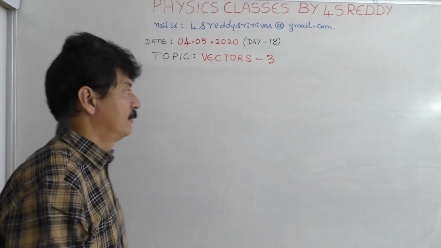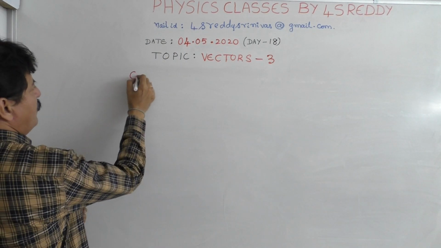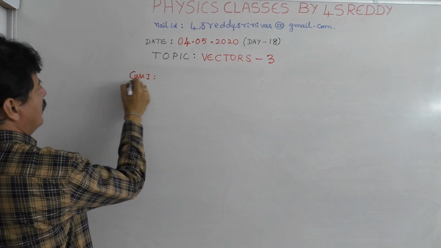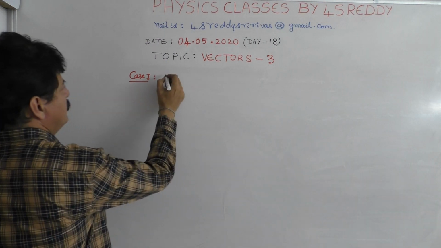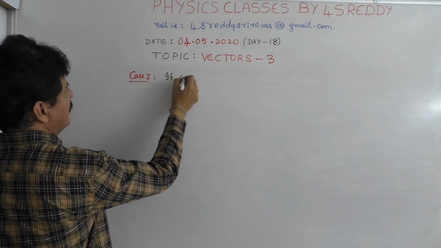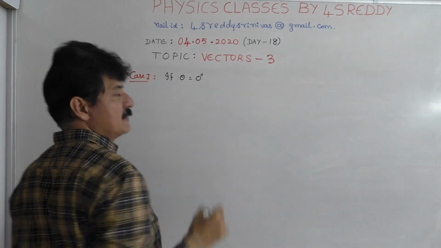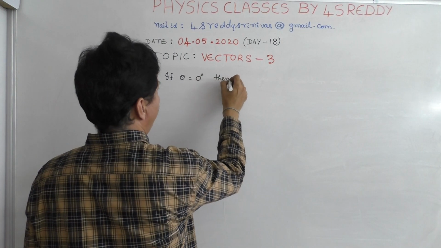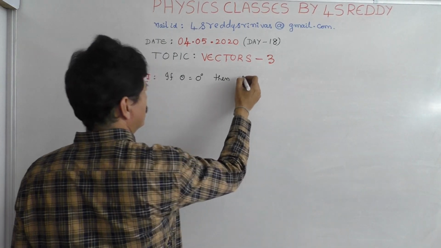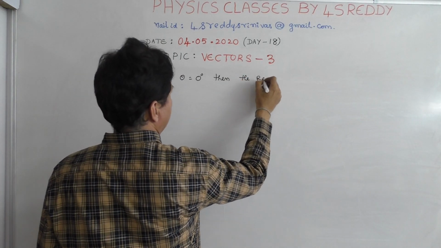The case 1. There are different cases here. Case 1, if theta is equal to 0 degrees, then the resultant is maximum.